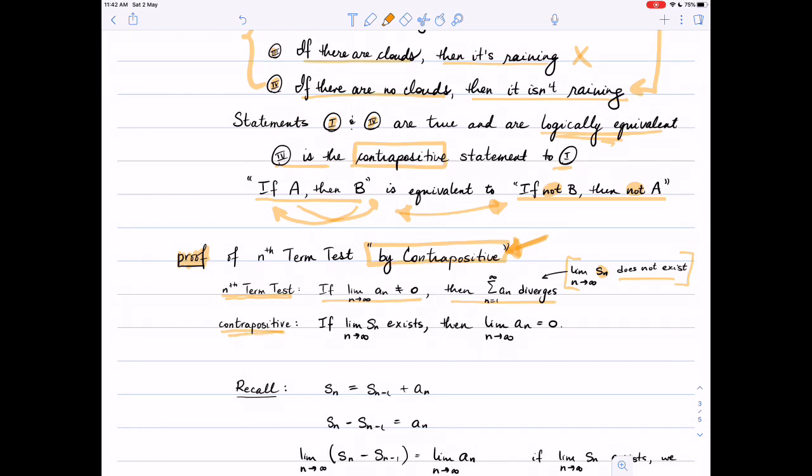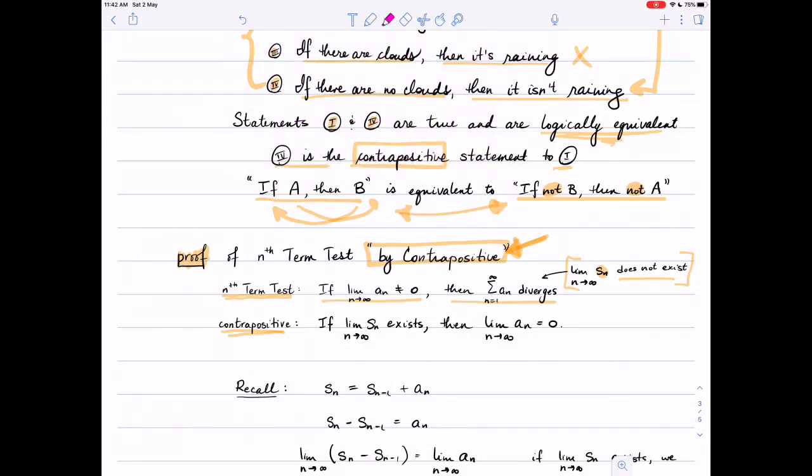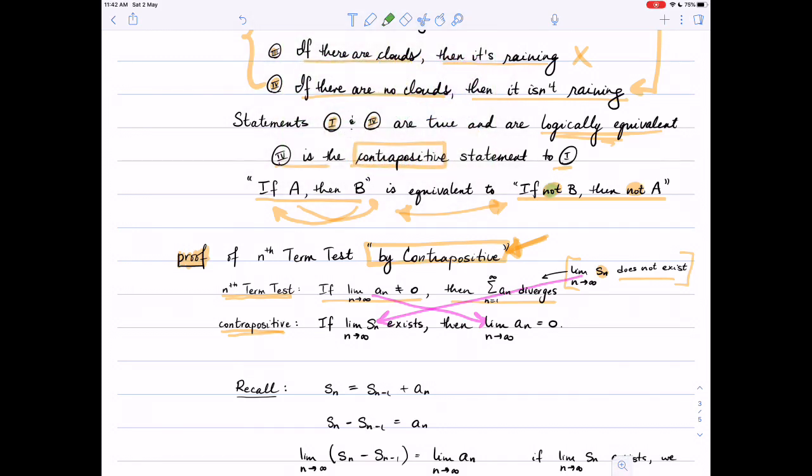What is the contrapositive? Well, the first thing is that we said that we had to switch places. So the limit goes after the then, and the divergence, or the limit of Sn, goes with the if, so we switch places. And then we said we have this not. You have to put a not in front.